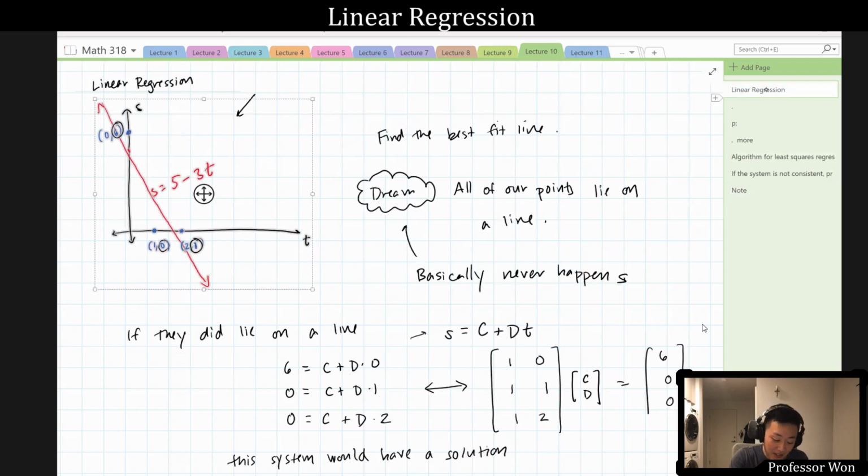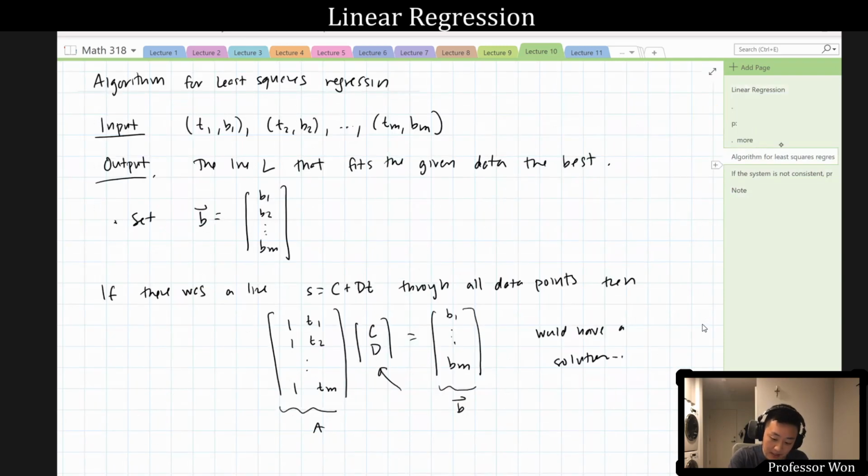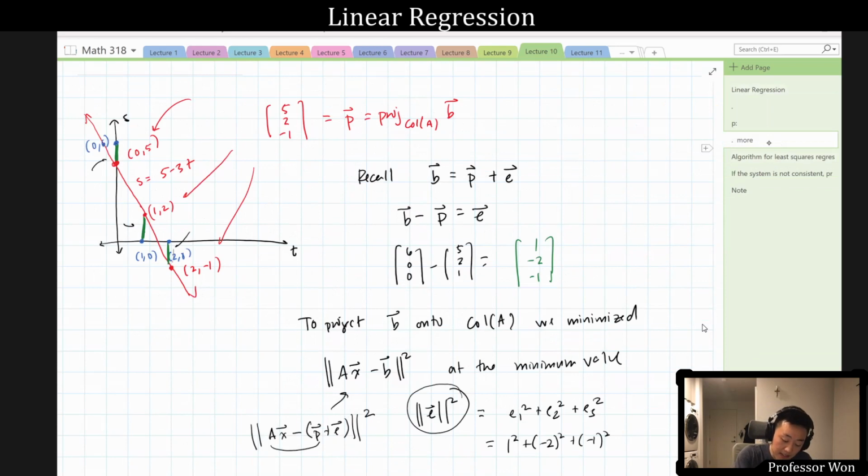So if we look at this picture here, or maybe it's actually better to look at this picture here, the differences were 1, -2, and 1. Right, so I actually... Wait. What did I do wrong? It's 2, -1. Sorry.